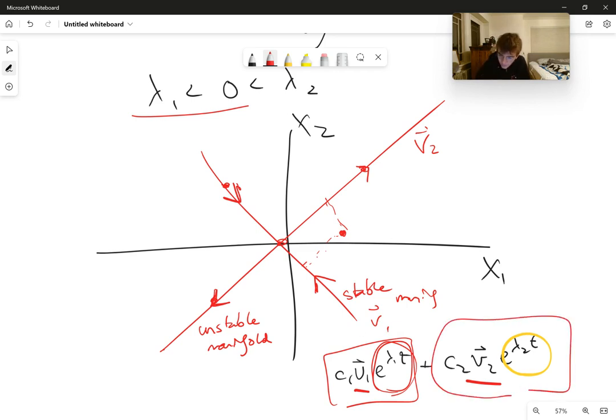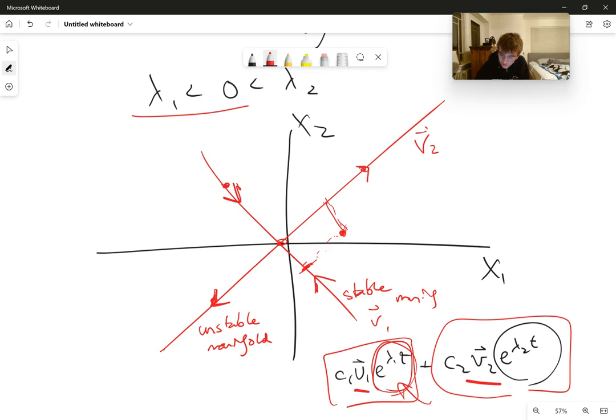As time goes to infinity, the component on the unstable manifold is actually going to exponentially increase, as we can see by looking at the solution, this exponential with respect to time is just going to grow. On the other hand, we have a negative component for the other exponential, so the projection onto this stable manifold is going to decay with time.